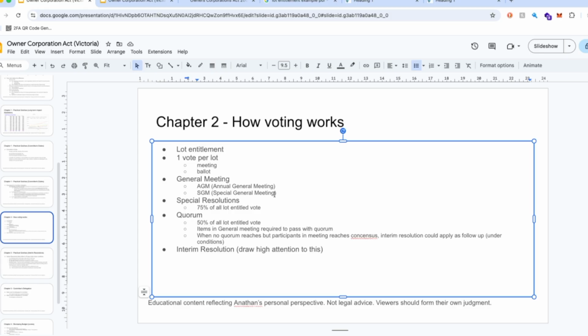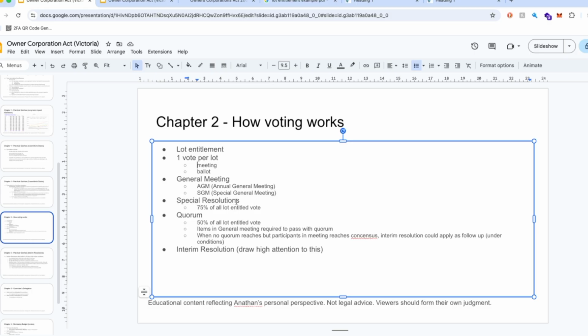Something may pop up related to the OC that requires all the owners' input, and from that point there can be a special general meeting hosted to address the matters.